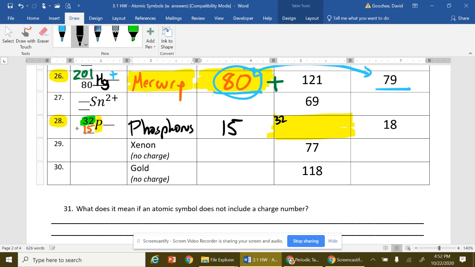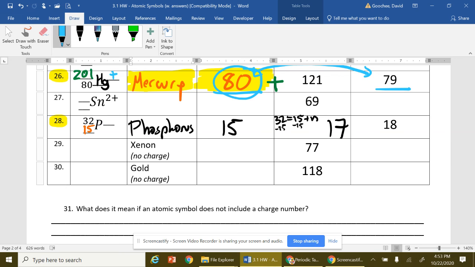So 32 equals 15 plus the neutrons. There are 17 neutrons. All right, you can check this. Add your protons and your neutrons together, and you should get this mass number in the upper left. Yes, 15 plus 17 equals 32.